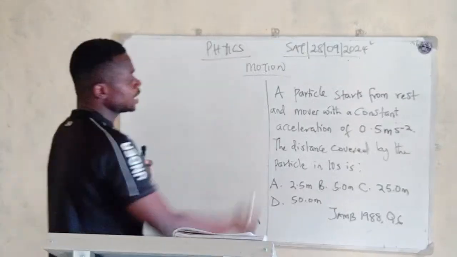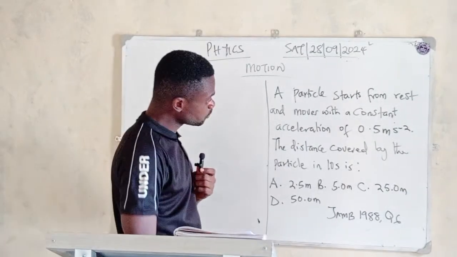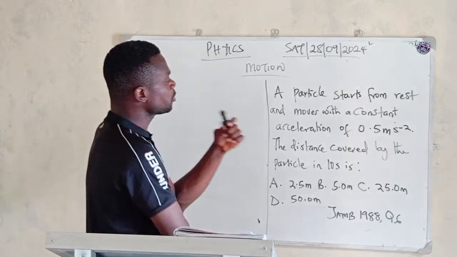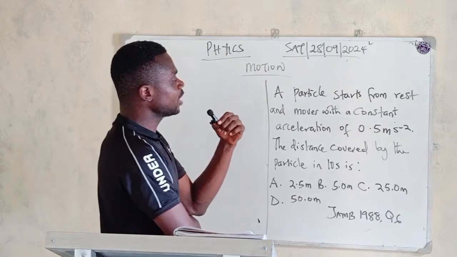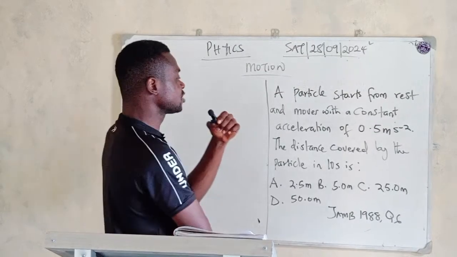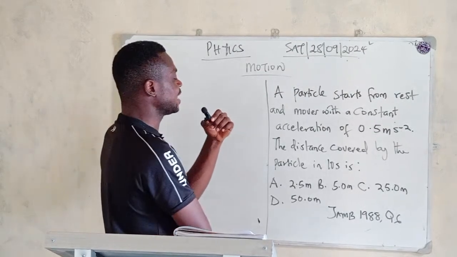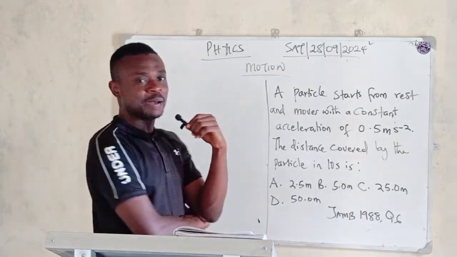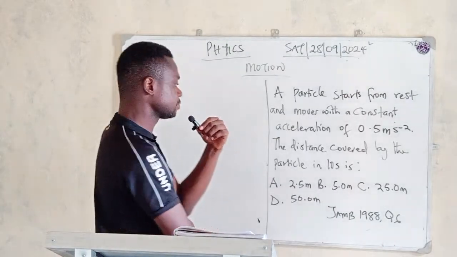Okay, let's look at this question. The question says, a particle starts from rest and moves with a constant acceleration of 0.5 meter per second squared.